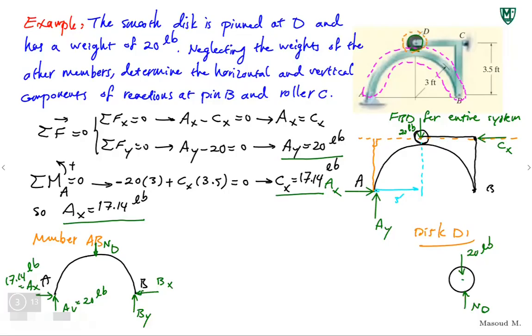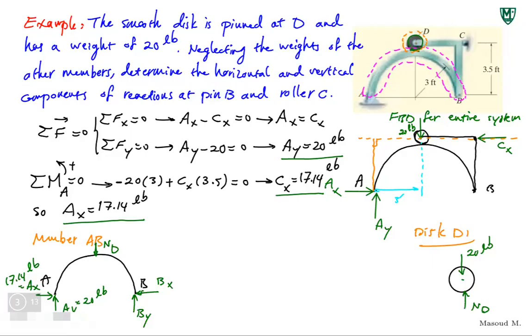We have the force in this direction, right? We keep in mind that if you look at disk D and the connections it has with the rest of the frame, disk D is connected to BCD at pin D. Exactly. So we have two forces there. This is a pin.